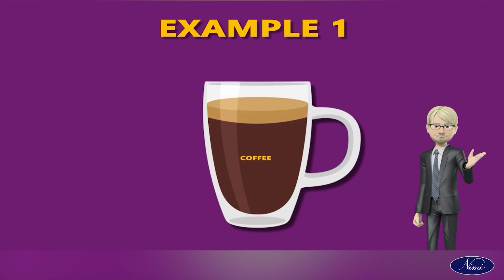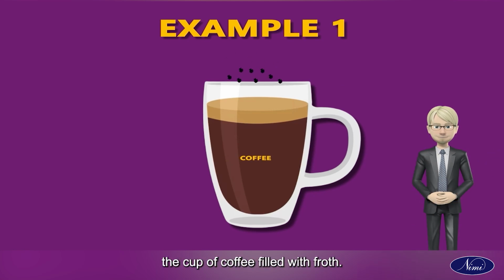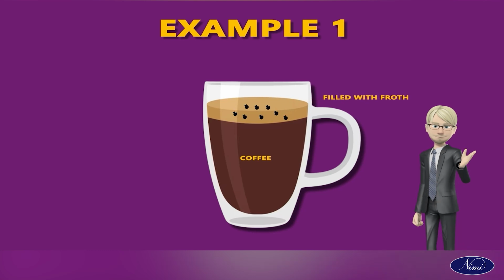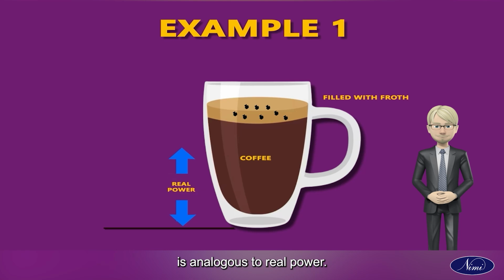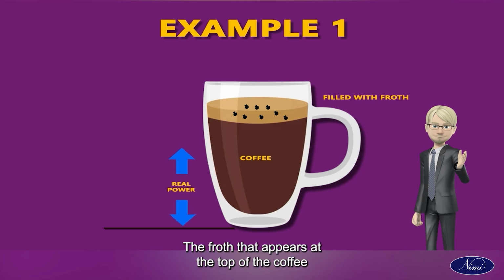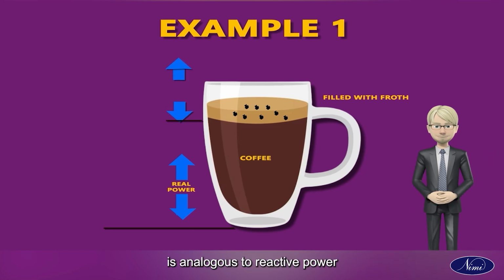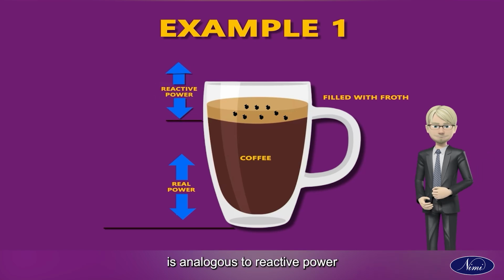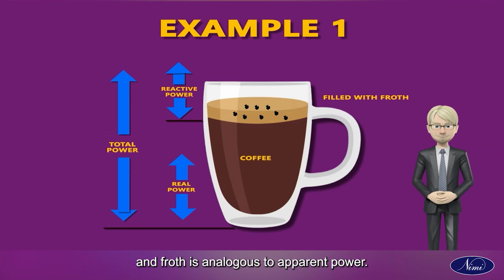Example 1. In the image, you could see the cup of coffee filled with froth. Here, the coffee drink content is analogous to real power. The froth that appears at the top of the coffee is analogous to reactive power, and the total content of the cup with coffee and froth is analogous to apparent power.